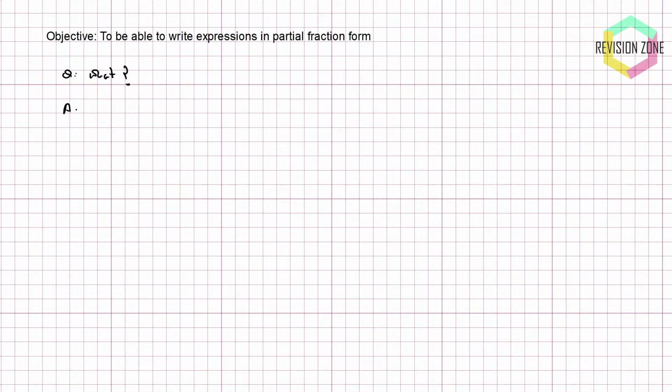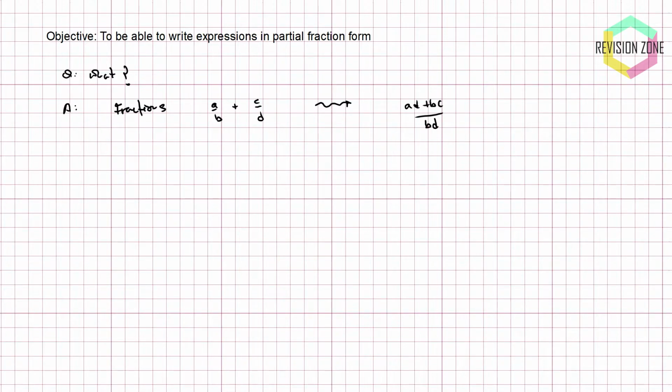The answer is that we go from some sort of fraction, or a list of fractions. So we might have a over b plus c over d, and then we might want to go to something which combines them, in this case ad plus bc over bd.